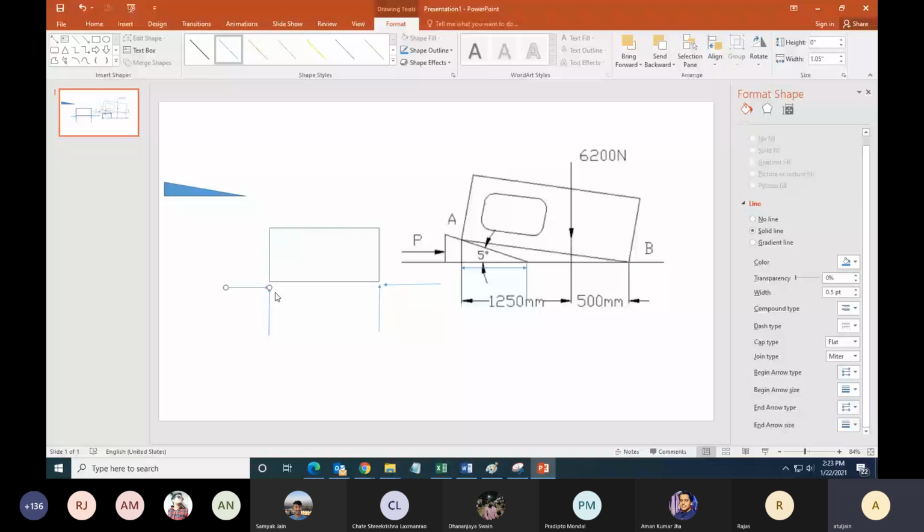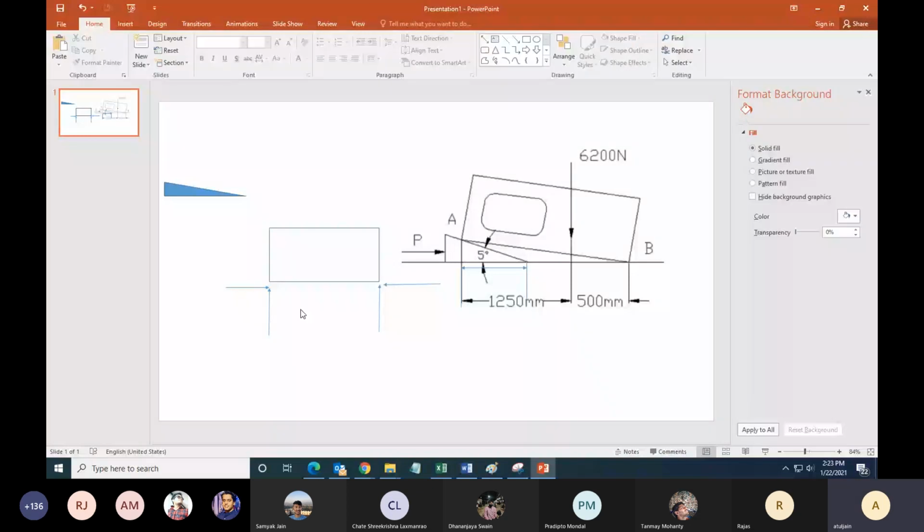Sir, why did you consider AX and BX? It should be a normal perpendicular to the wedge. No, but AX and BX is something that I am defining.